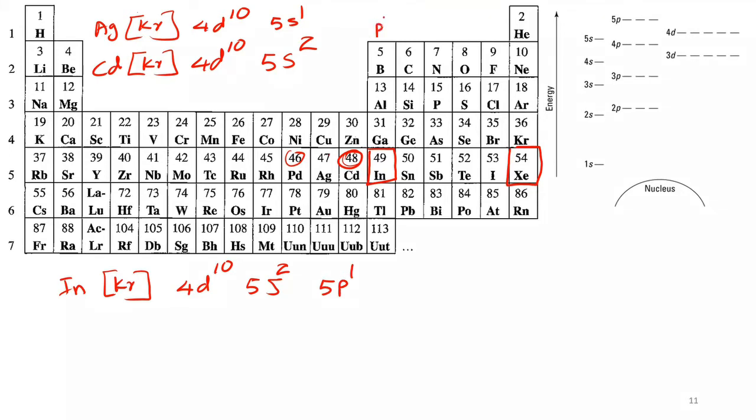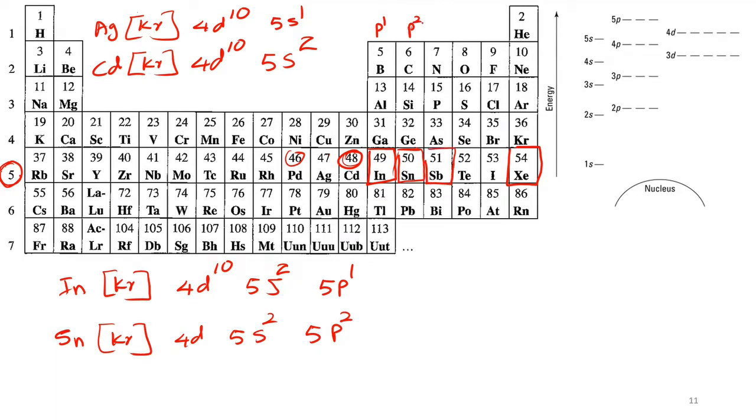As I mentioned, this is going to be p1, and see, we are on period 5. So 5p1, and the next element, tin, we are still in the 5th period. So in Sn, you will have krypton, 4d10, 5s2, 5p2. So this is p2.